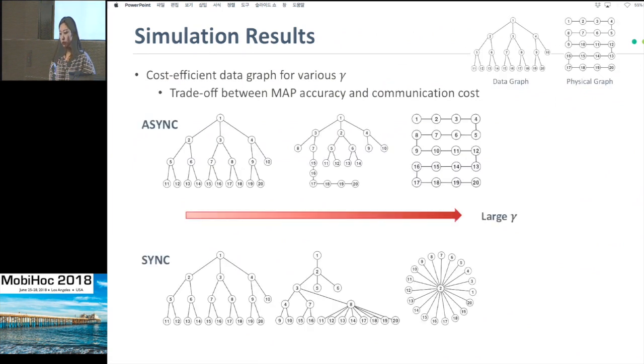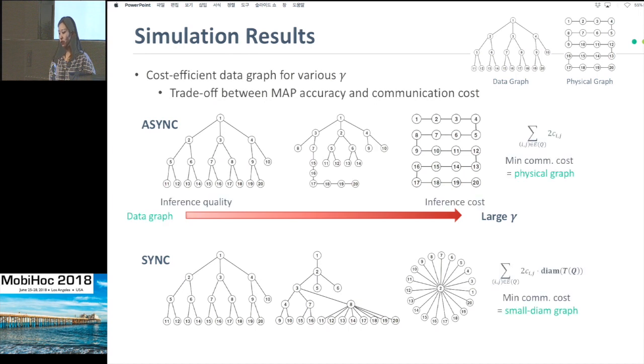So these are the simulation results from the 20 node size graph. Here we see that as gamma is 0, these two kinds of structural learning algorithms consider the exact data graph, while as we increase the value of the trade-off parameter, it focuses on finding the cost-efficient data graph, which has a minimum communication cost for both kinds of distributed inference methods.